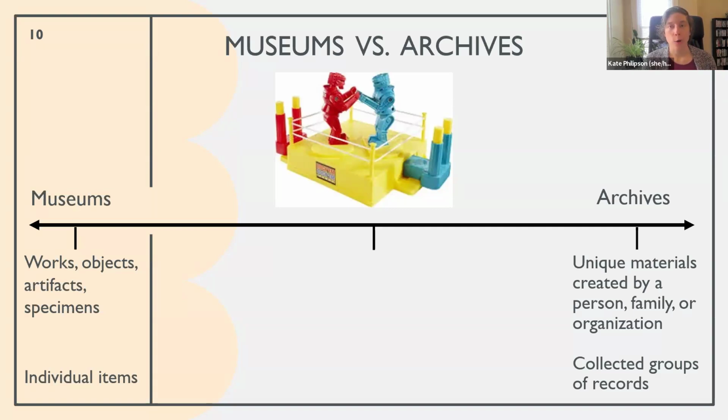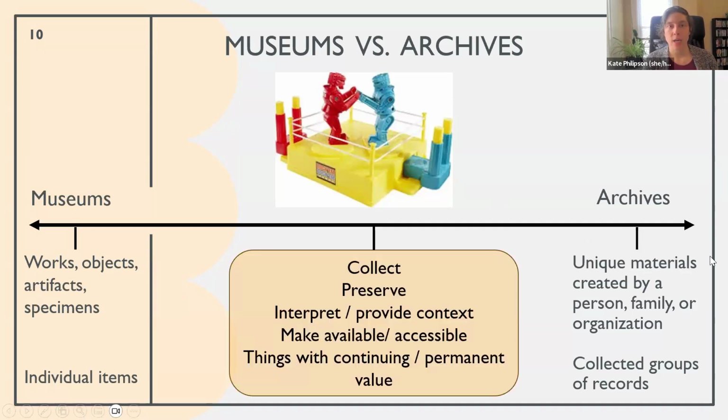It can be a wide variety of things. But on the other side, archives are managed by collections. They're unique materials. They are often records, archival records created by a person, a family, an organization, a government, which is not on this list. So they're collections of groups of materials by and large.